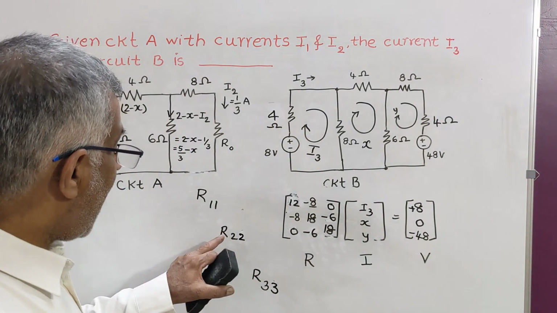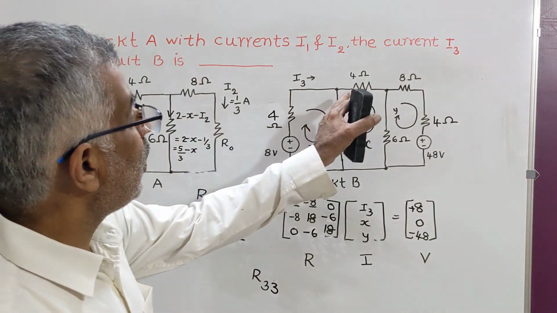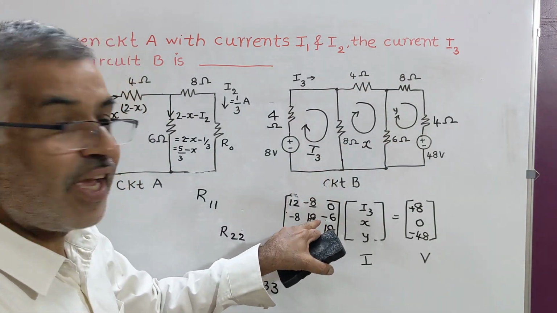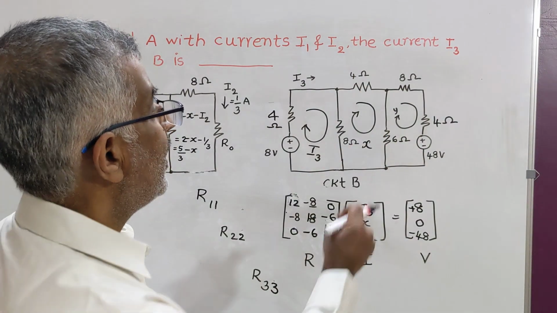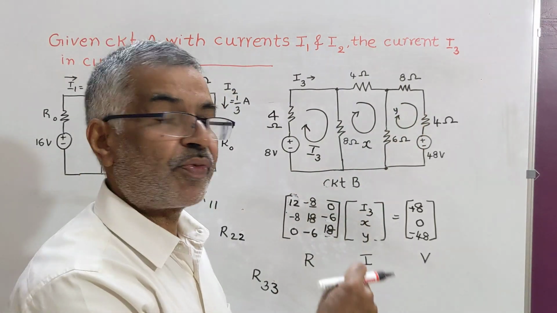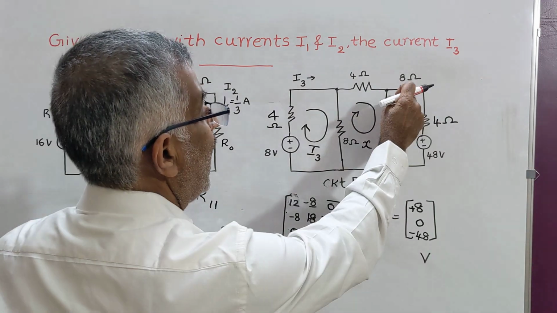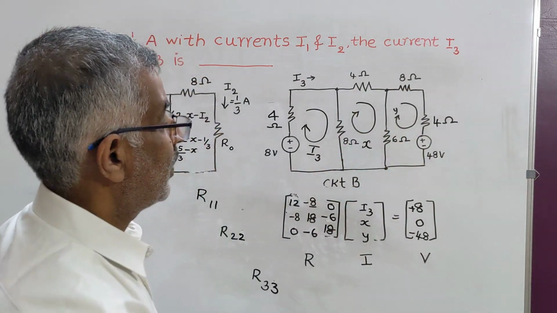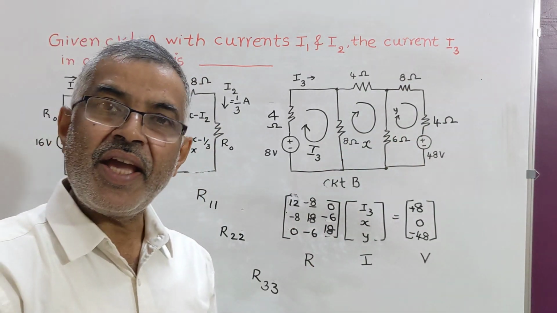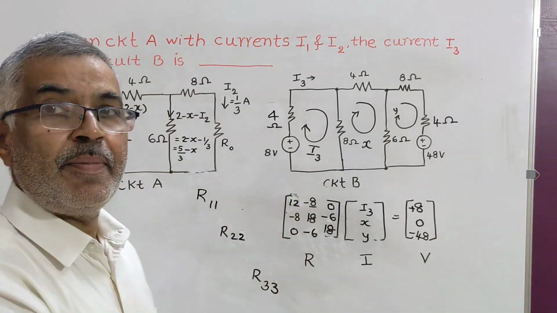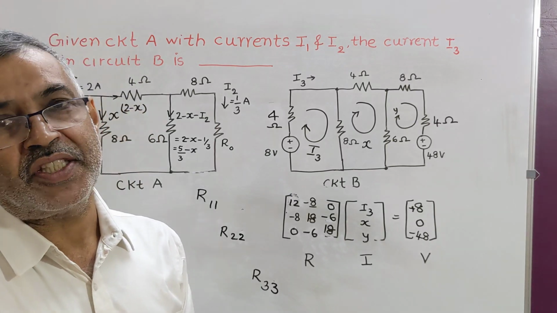R22 means total resistance in mesh 2: 4 plus 6 plus 8, that is 18. Take with plus sign. Next, R33, total resistance in mesh 3: 8 plus 4 plus 6, that is 18. So diagonal elements are always taken with plus signs. The other elements are called mutual resistances.